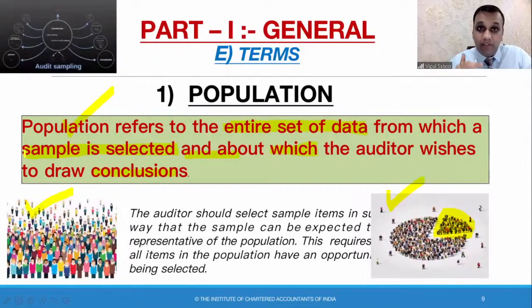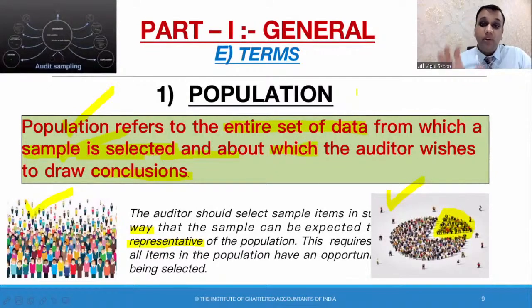So it is that entire set of data for which the auditor wishes to draw conclusions by selecting samples and performing his audit procedures thereupon. The auditor should select samples in such a way that the sample can be expected to be representative of the population.